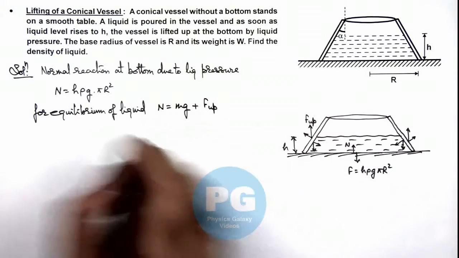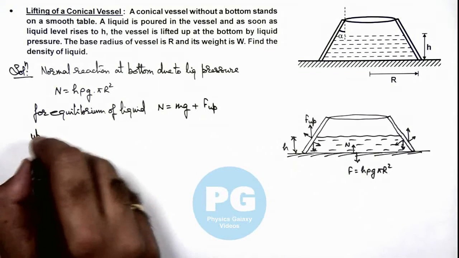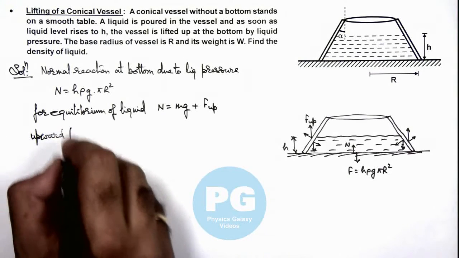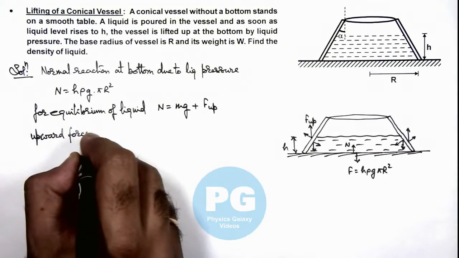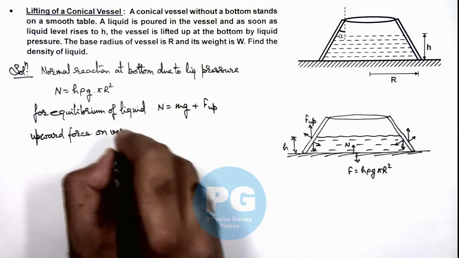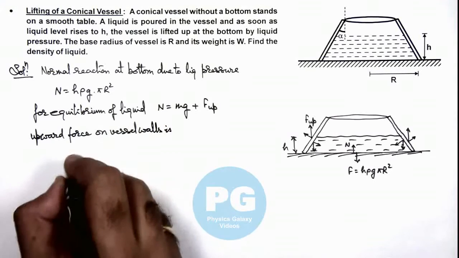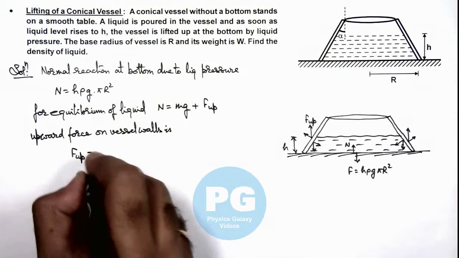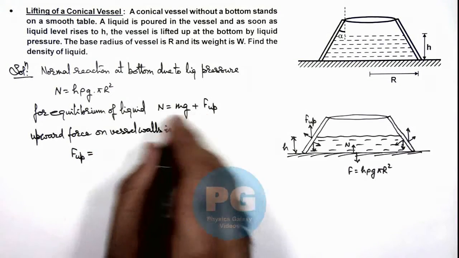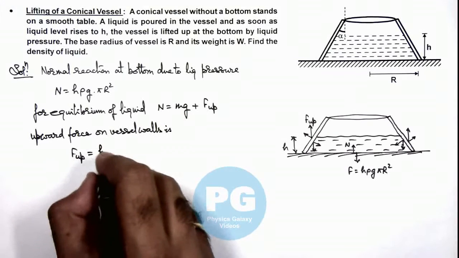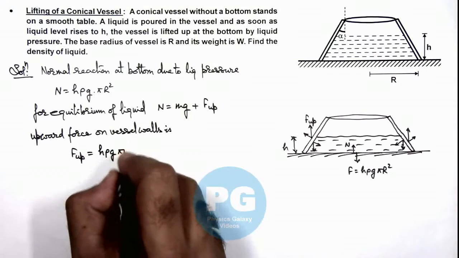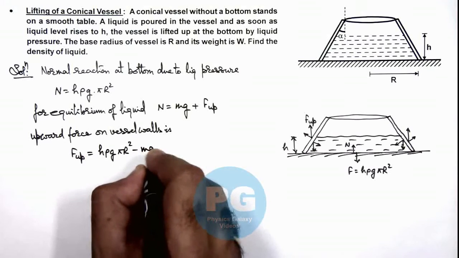So here we get the upward force on vessel walls, this F upward, we can write as N minus mg, so it is H rho G pi r square minus mg.